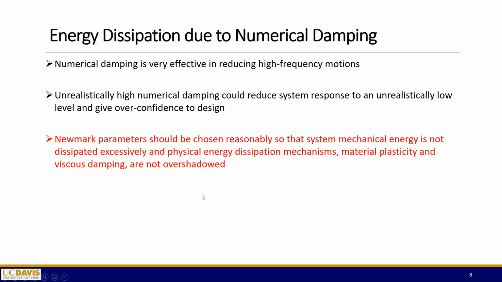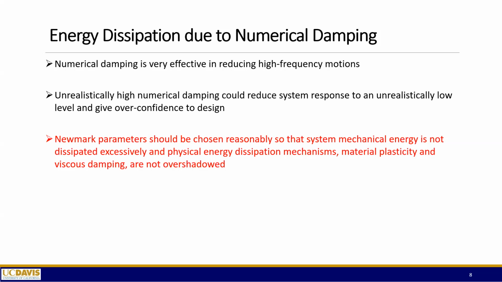And another point, maybe just to mention briefly, is that as we mentioned before, the amount of numerical damping in your system is directly determined by the choice of the Newmark parameters. This is an option in our ReSSI simulator system. However, in many commercial software packages, this is not a choice.